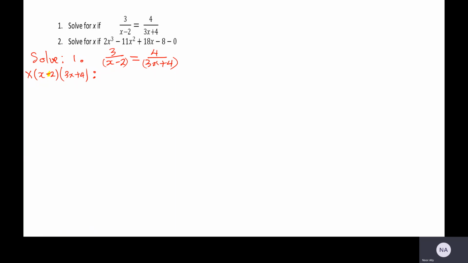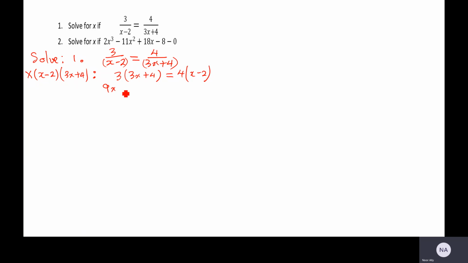Okay, I know my writing may not be the best, but what do you do? So the x minus 2 times 3x plus 4. I'll get 3, the x minus 2 cancels, times 3x plus 4. So we remove the denominators of the fractions by multiplying through by the LCD. 4 times x minus 2, removing the brackets.